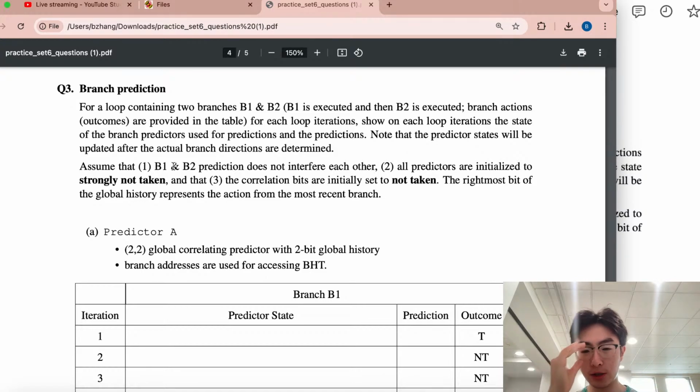So all predictors are initialized to strongly not taken. And the correlation bits are initially set to not taken. And the rightmost bit of the global history represents the actions from the most recent branch. Okay, so it seems like here we have a 2-bit global history, this right here.